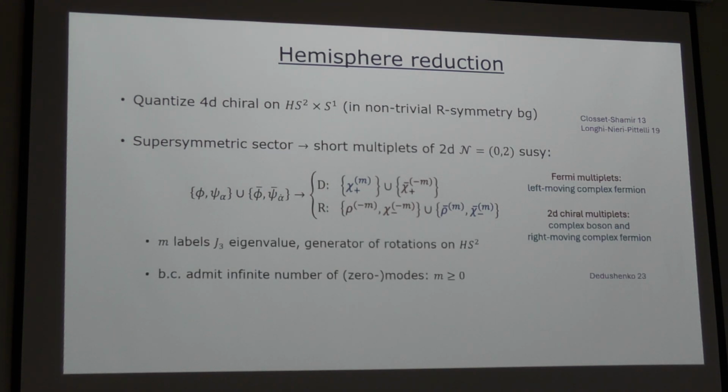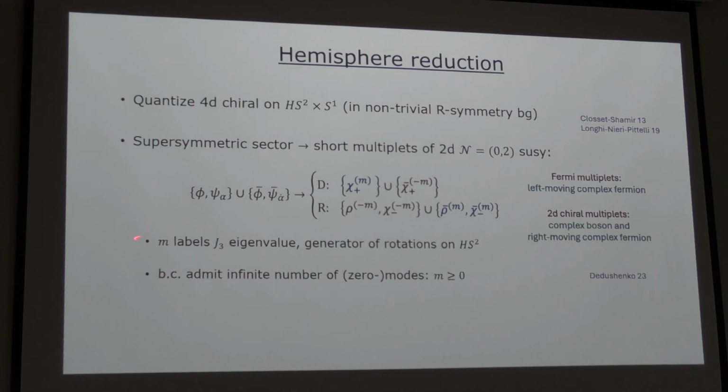Okay, so what are the other things here? M labels the J3 eigenvalue. Yes, sorry. Perhaps what I didn't say here is that the supersymmetric sector corresponds to the zero modes of the monopole harmonics on this hemisphere. But for a non-trivial R charge, it's known that it is actually not one zero mode, but the number of zero modes in this background potential actually has a degeneracy.